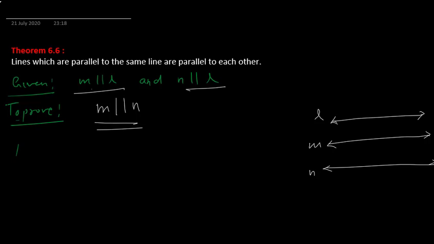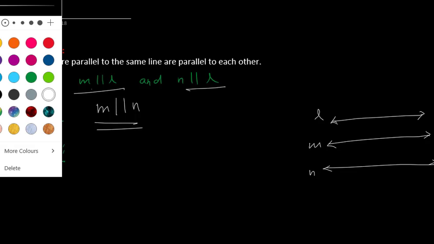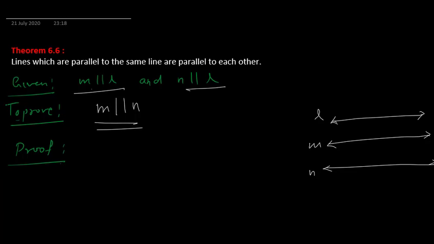So in proof, let us again come in proof. I will say that in proof the lines which are parallel to the same line are parallel to each other. So the diagram, I will draw the diagram completely. So here we have one transversal also, right? Transversal I haven't mentioned. So this transversal, say across L, M, N, let us name it as P, transversal P. Okay, and let us name few angles, like angle, let us name this as angle 1.